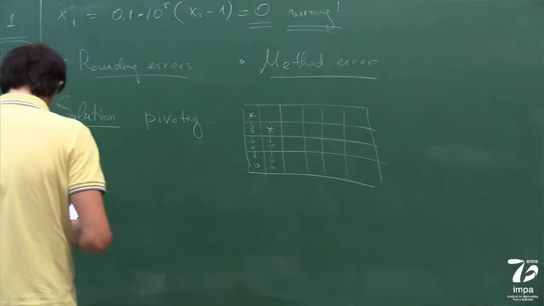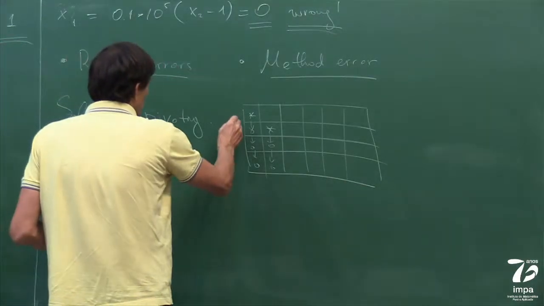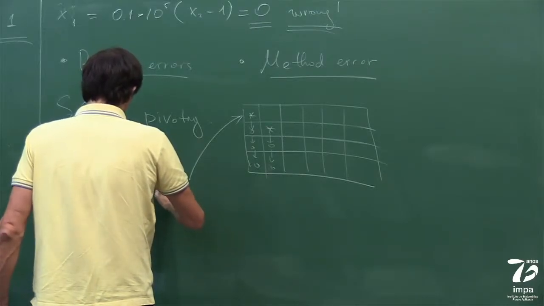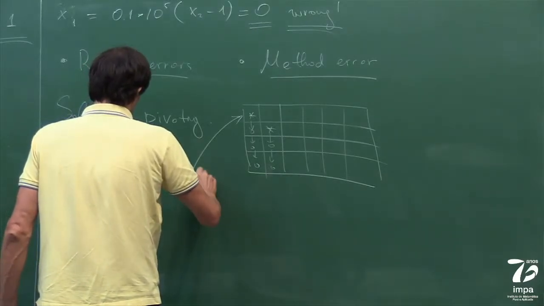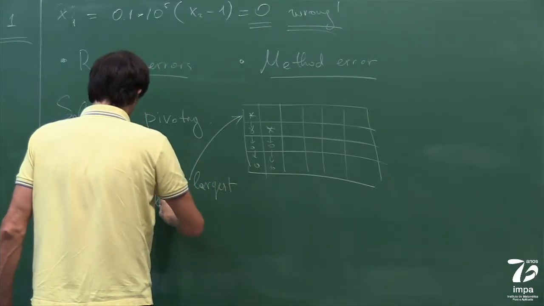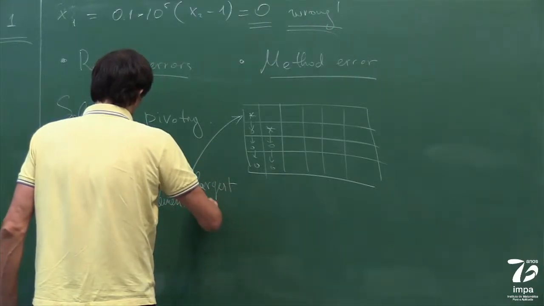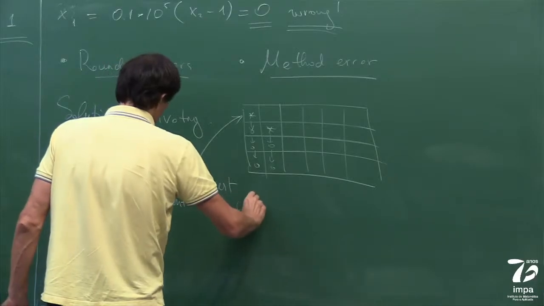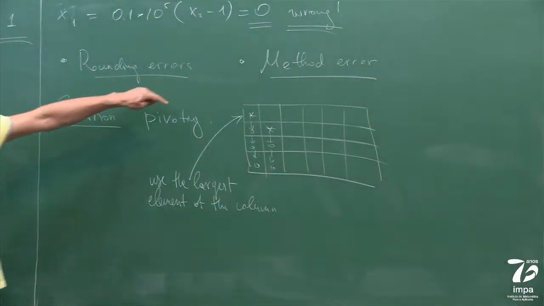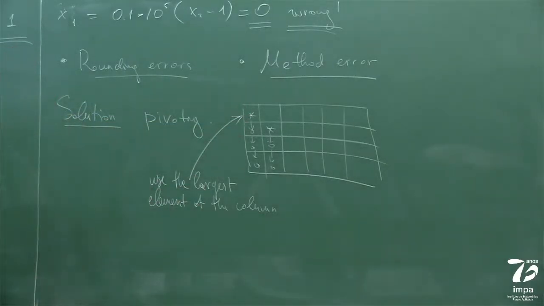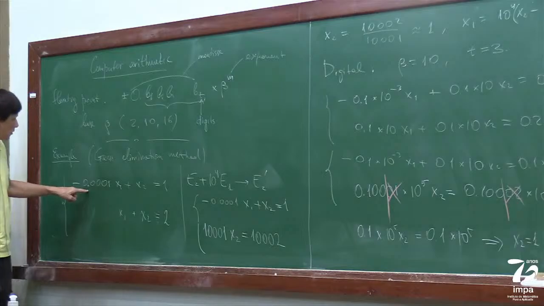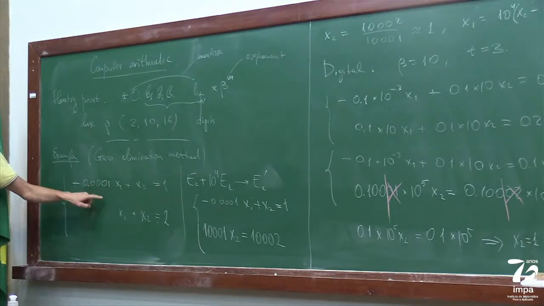So the idea is that you always use the largest element of the column. You cannot just blindly take the first, even if it's not 0. We took it blindly first, but it is very small. You see? So you should take the one which is bigger.